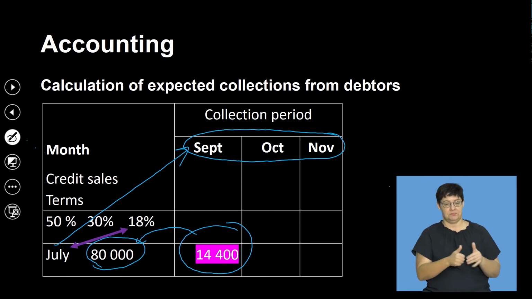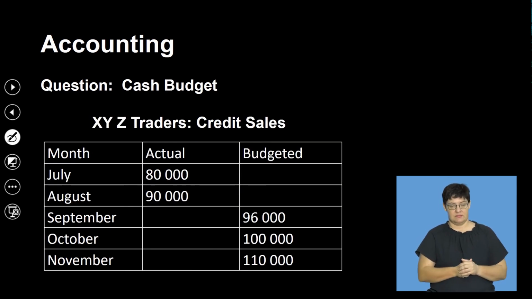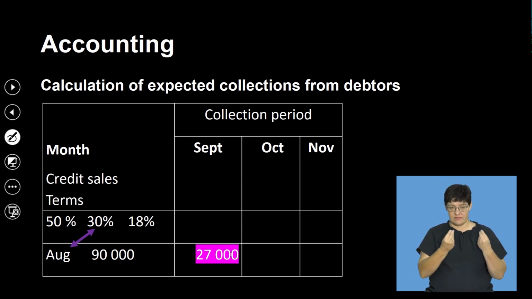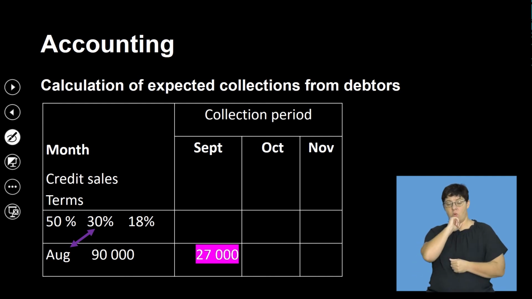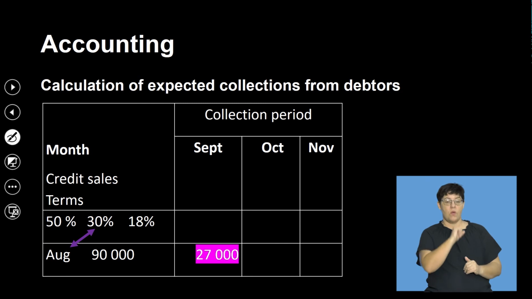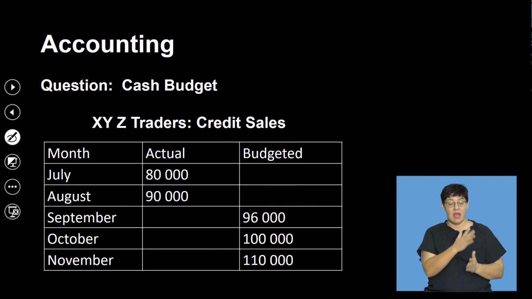Let's go to the next one. Remember, we're busy now with August because we've dealt with July. July has worked itself out. We received in July, we received in August, and we received in September. We now come to the August credit sale. Step number 1, identify your August credit sale.